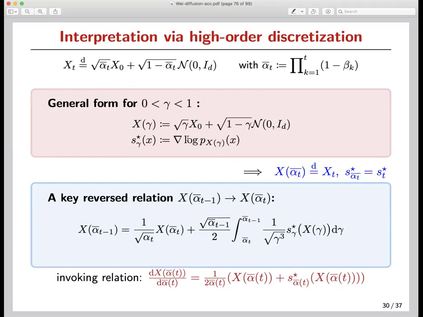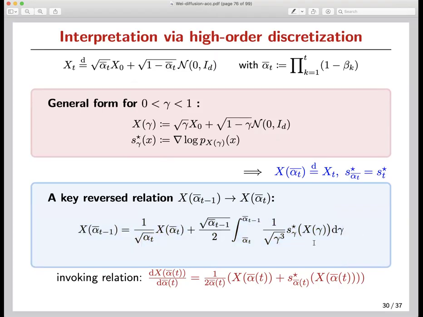A key relation is between x alpha t minus 1 bar and x alpha t bar. This is a more complicated notation, but what I mean is that this is just x t minus 1 to x t. When you go from x t minus 1 to x t, the key observation is that it can be written in this way.